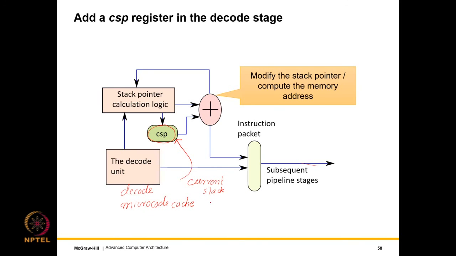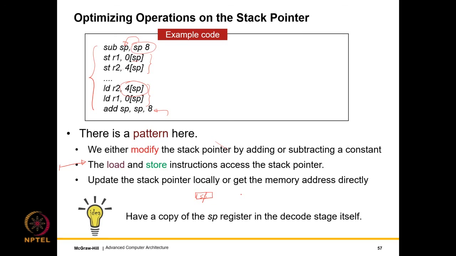And so why is this an efficient idea? Well, it is efficient because in a very large number of instructions we actually access the stack pointer. As you can see over here, for a large number of load instructions, store instructions, or creating and destroying the stack frame, we use the stack pointer, and pretty much the format of instructions that use the stack pointer is the same, right?